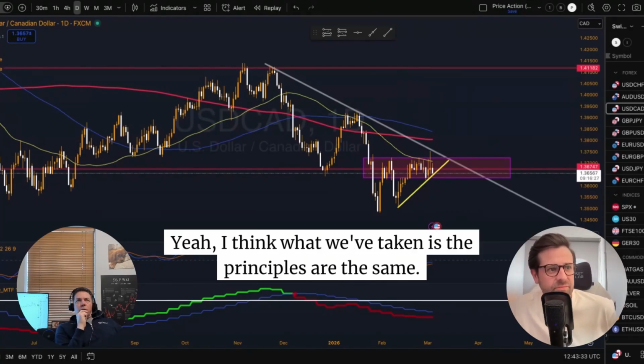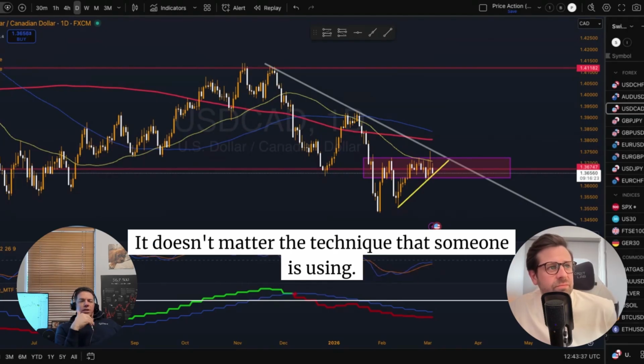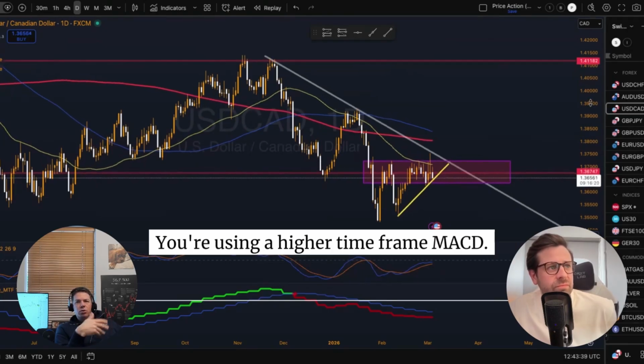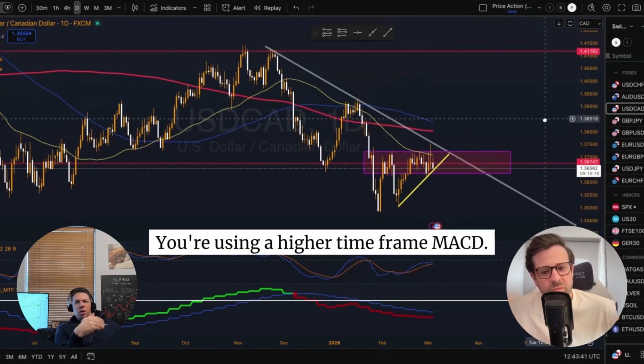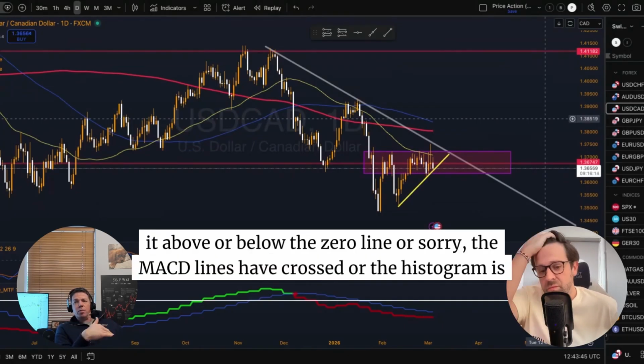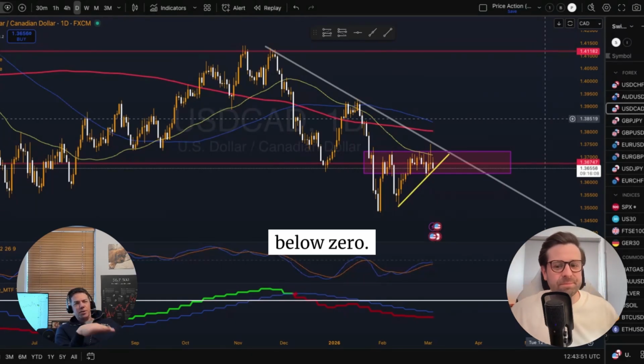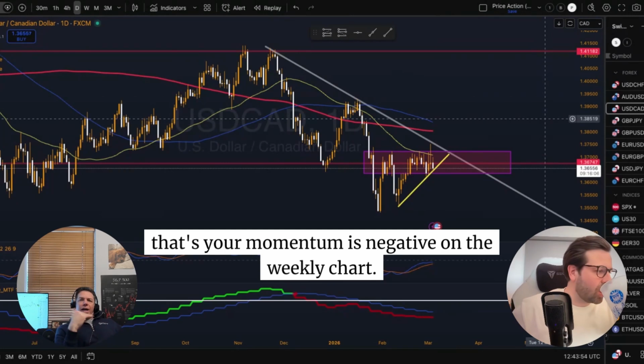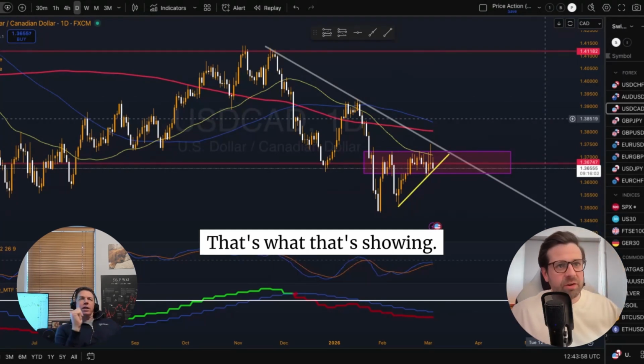I think what we've taken is the principles are the same. It doesn't matter the technique that someone is using. You're using a higher time frame MACD. Is it above or below the zero line, or sorry, have the lines of the MACD crossed, or is the histogram below zero? So that's your momentum is negative on the weekly chart. That's what that's showing.